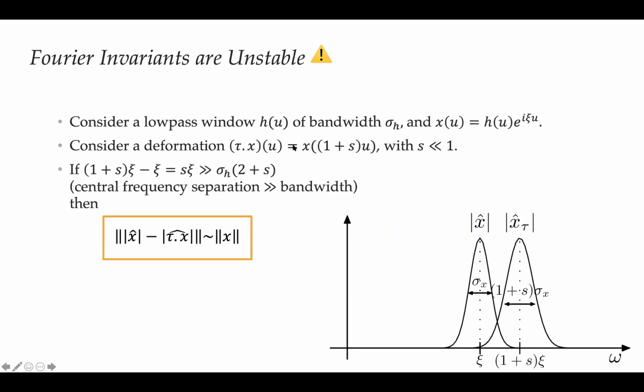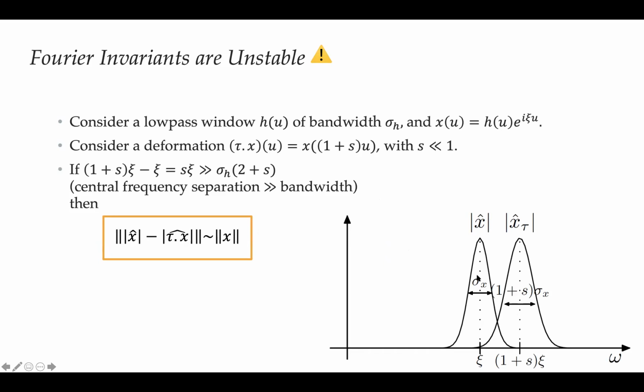If you look at the effect of this deformation in the Fourier domain, and this is the picture that is expressed here, you can see that as long as there's a certain separation between the central frequencies, the deformation is going to do two things. It's going to move the central frequency of this function from psi to (1 plus s) times psi. And then it's also going to spread the bandwidth a little bit.